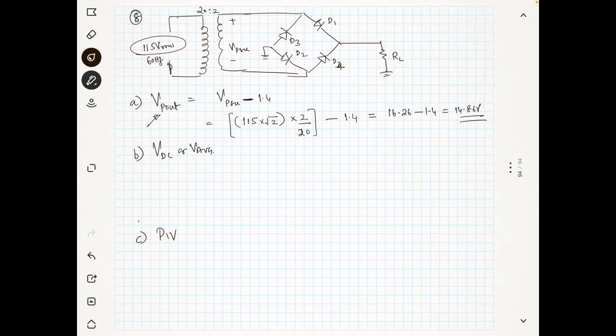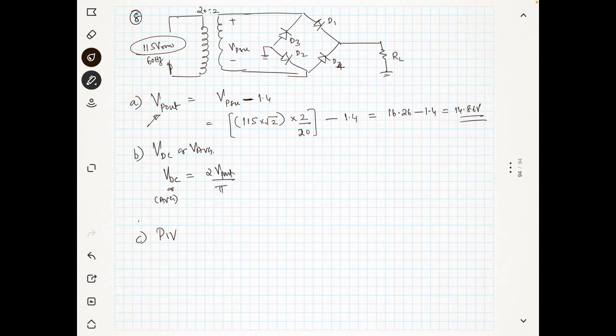Now we have no filter, that means we have no capacitor filter. So VDC, or V average, is nothing but the average. Average means DC. That is the convention usually used in electrical engineering. There are a lot of reasons for that. Anyway, VDC is equal to 2 times Vp out over pi.